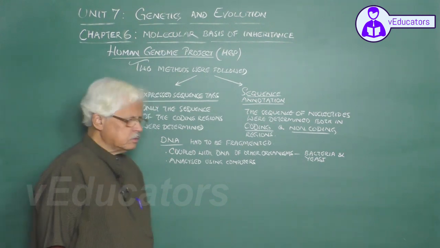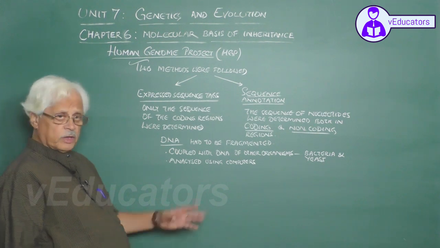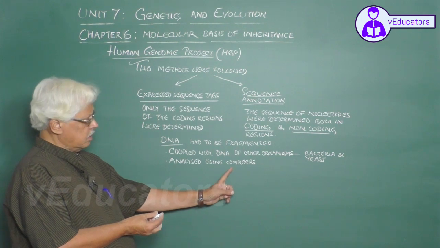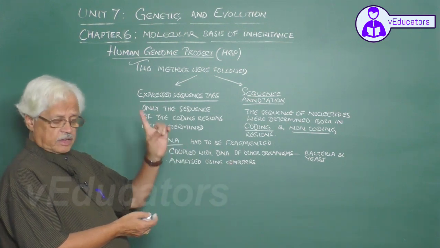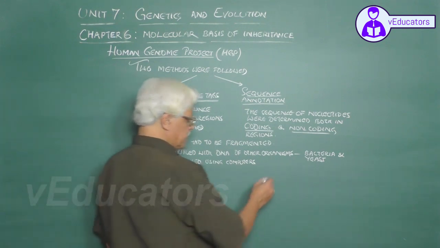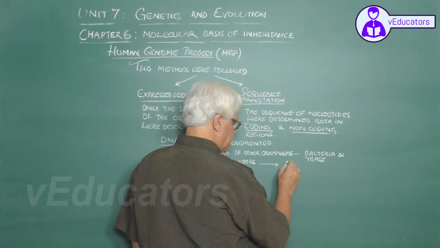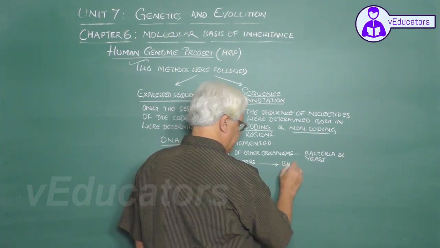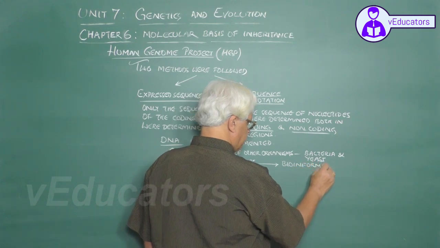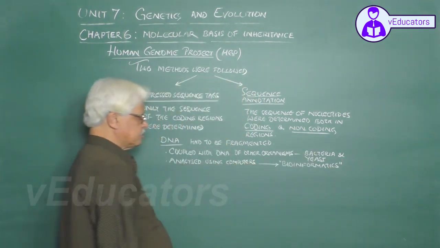In fact, the information obtained is so enormous that the database can be analyzed only by computers and can be stored only in computers, and this has led to the emergence of a new interdisciplinary branch of biology that is called bioinformatics.